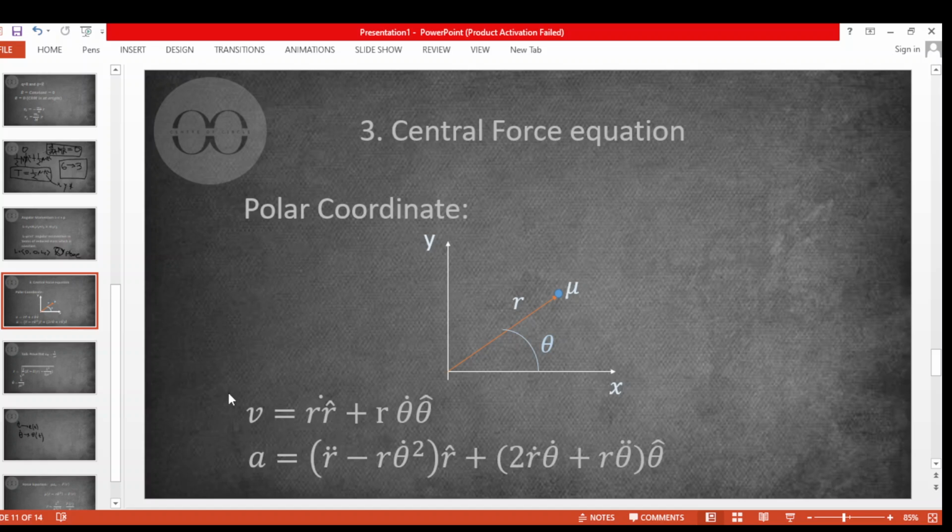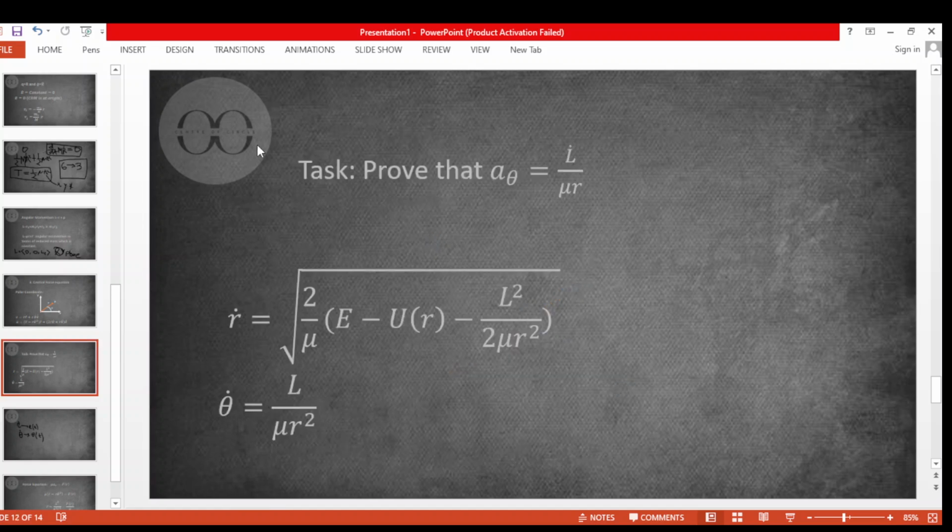Then we wrote the equations of velocity and acceleration in polar coordinates, which is your task to prove. And then there is another task for you guys to prove that theta dot equals L by mu r squared.